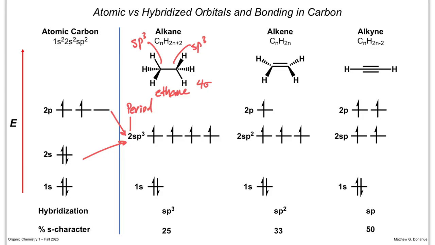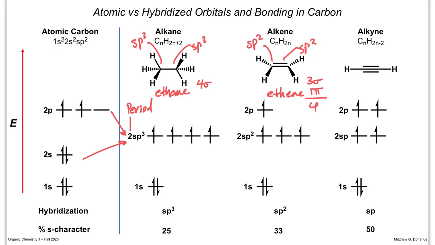So this was ethene. So those are both sp2. And then if we count, we have 3 sigma and 1 pi. So that gets us our 4 total. Carbon is always going to have 4 bonds. What combination of them is based on the hybridization.